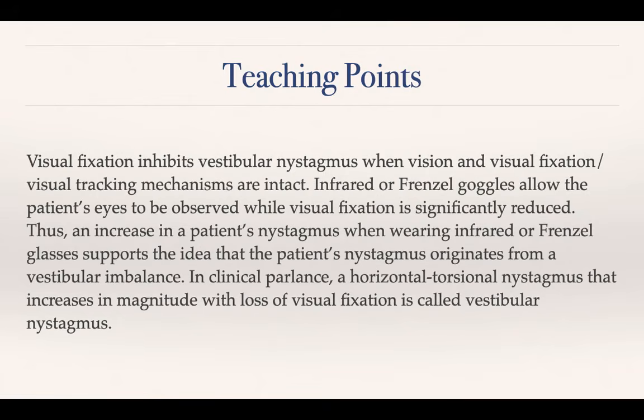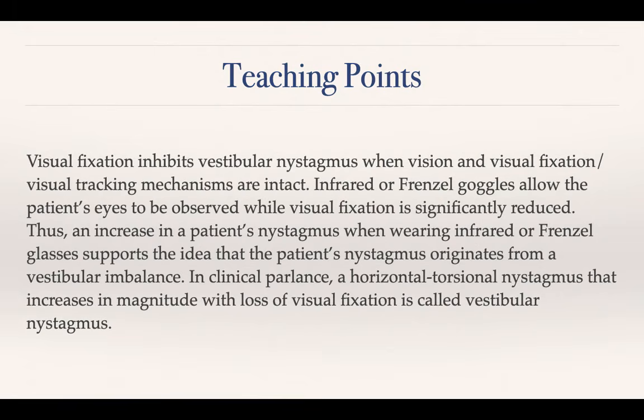Visual fixation inhibits vestibular nystagmus when vision and visual fixation and visual tracking mechanisms are intact. Lack of fixation suppression of nystagmus means the pursuit pathway or the fixation mechanism is also destroyed.